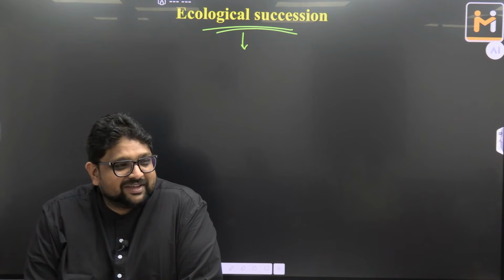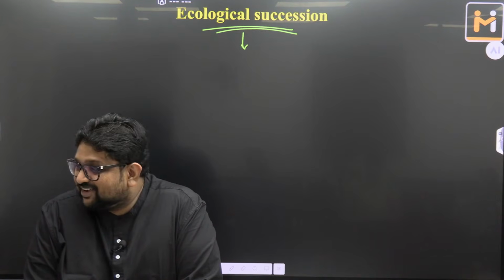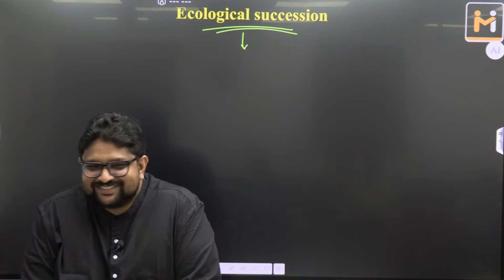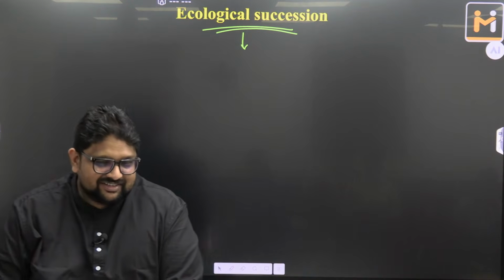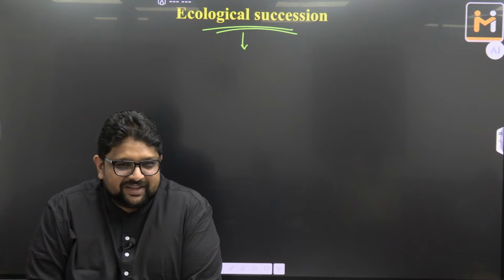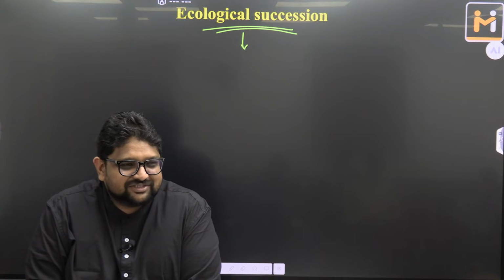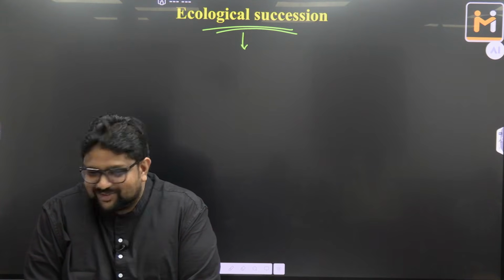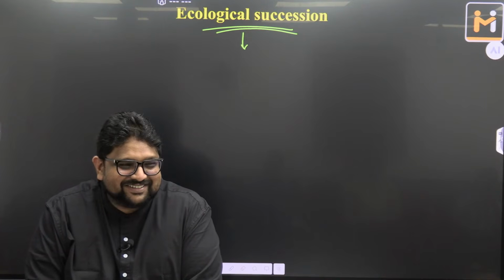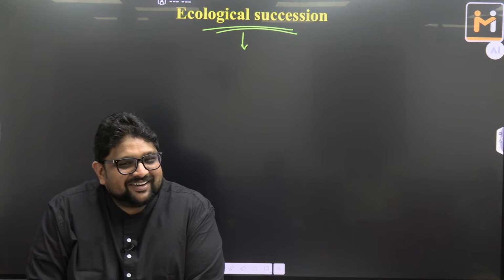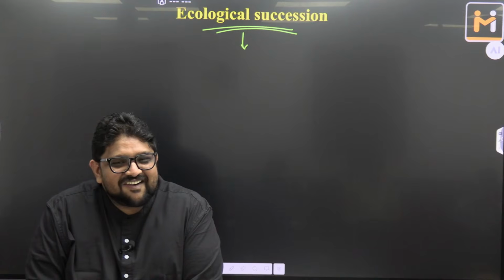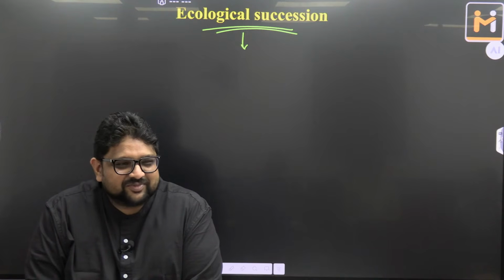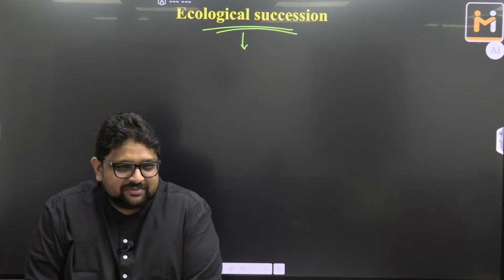Akbar was succeeded by Jahangir. Jahangir was succeeded by Shah Jahan. Okay, the Taj Mahal person. Shah Jahan was succeeded by Aurangzeb.